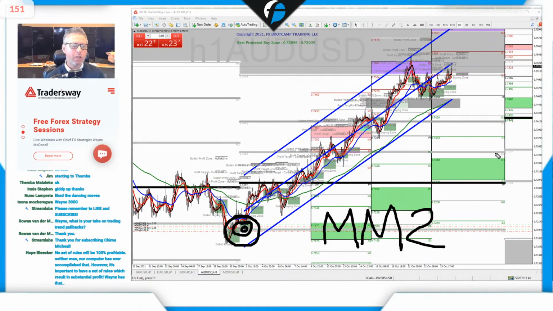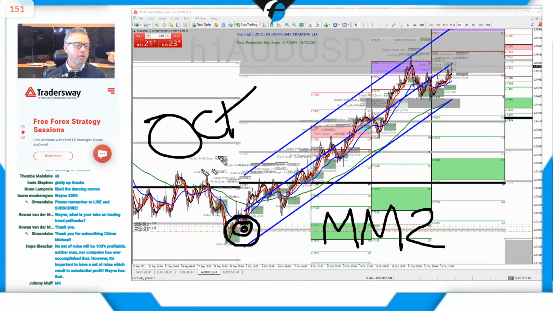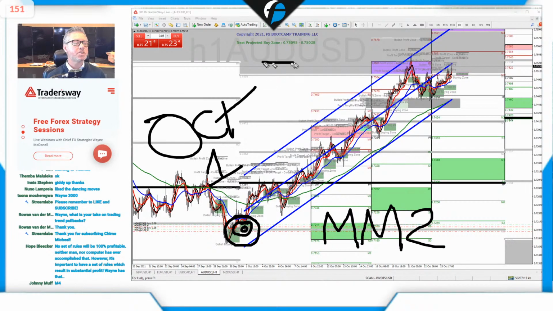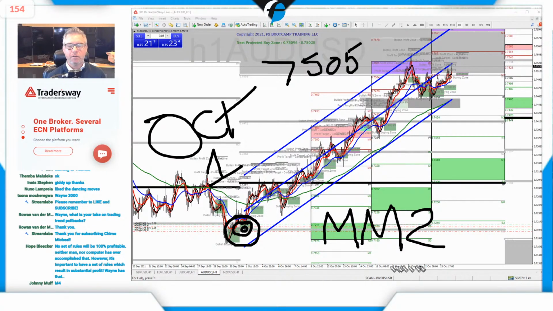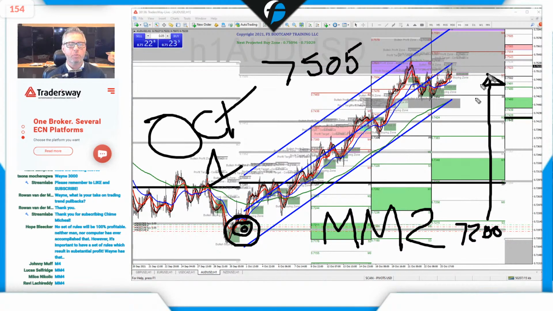My minimal acceptable performance on October 1st. Yeah, M4, 75.05. I bought it at 72.00, and my minimal acceptable performance was 300 pips.